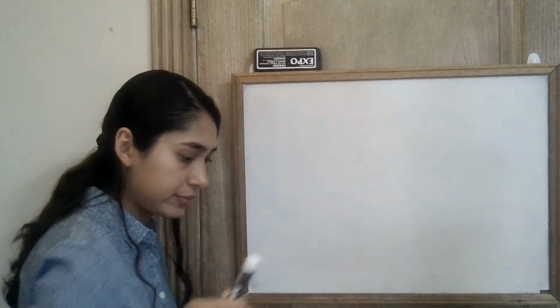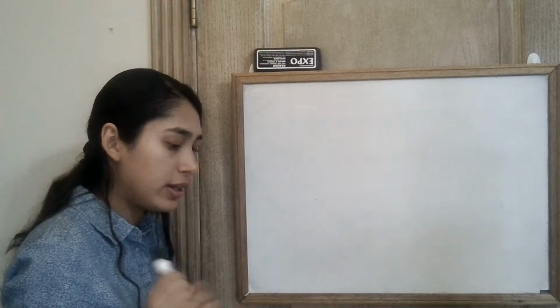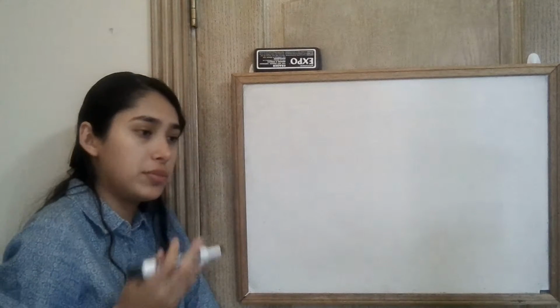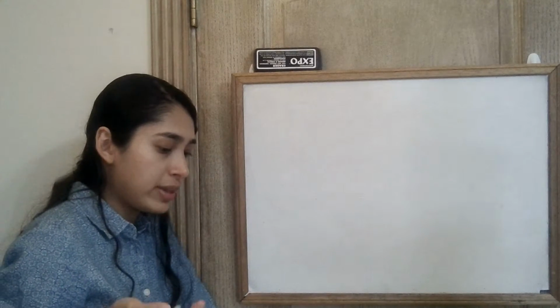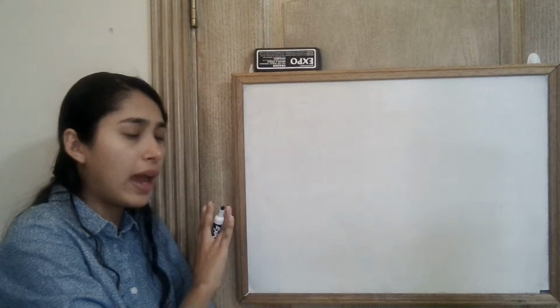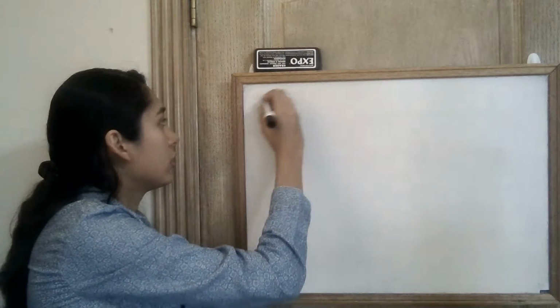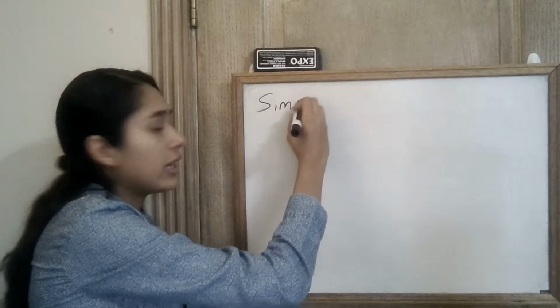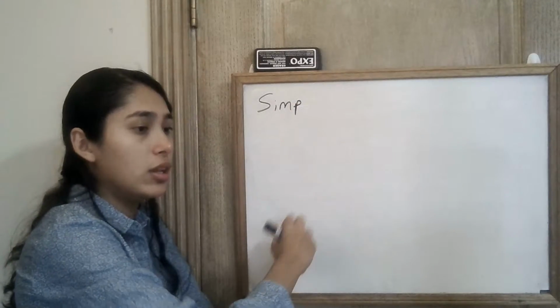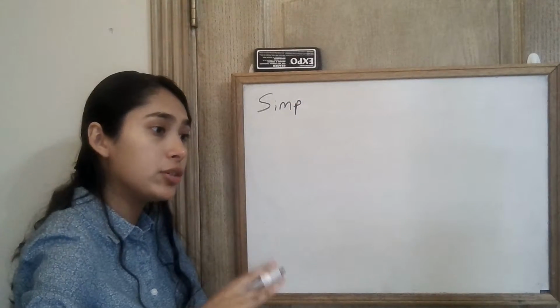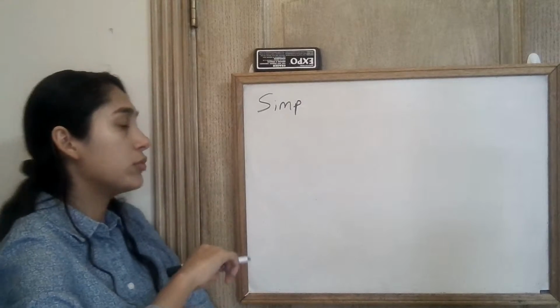So simplifying and evaluating expressions. Simplify basically means you're going to do every single operation in it, get down to the nitty-gritty until the only thing left for you to do is to plug in the unknown, which is the variable.